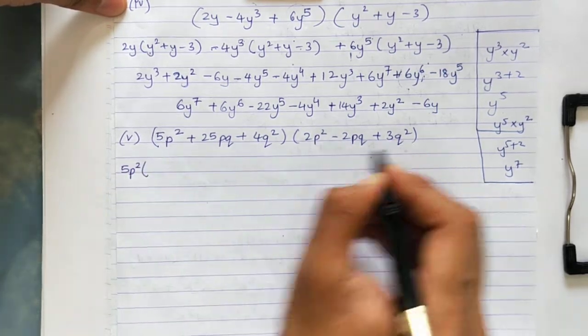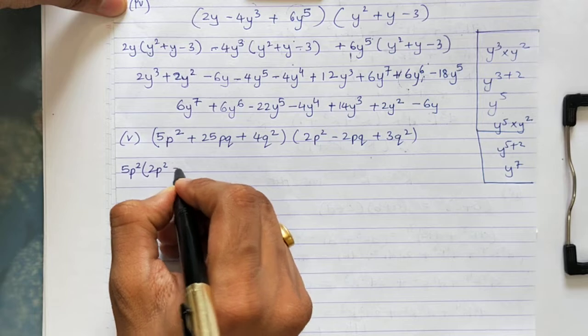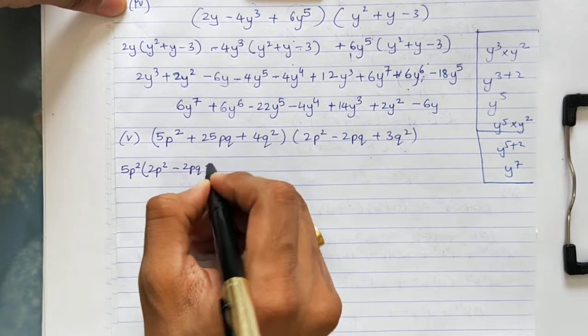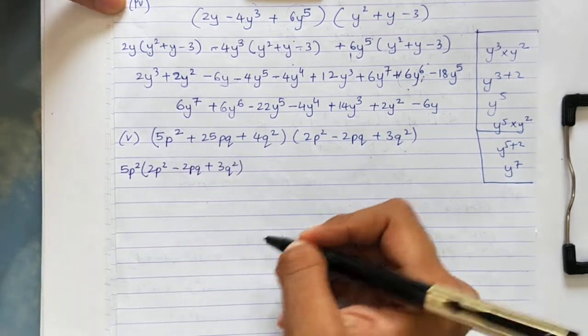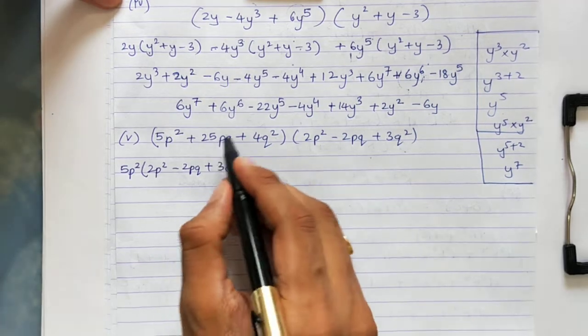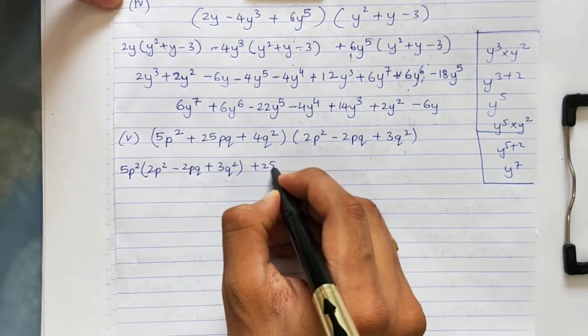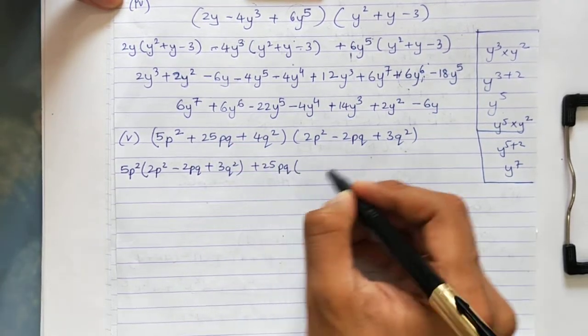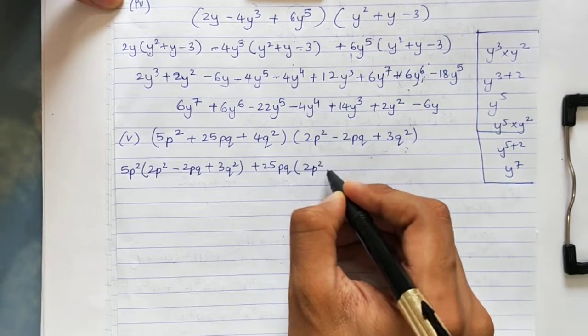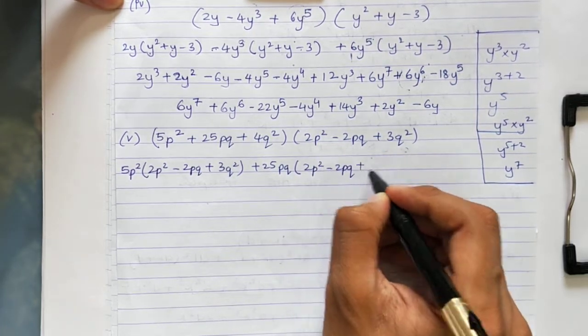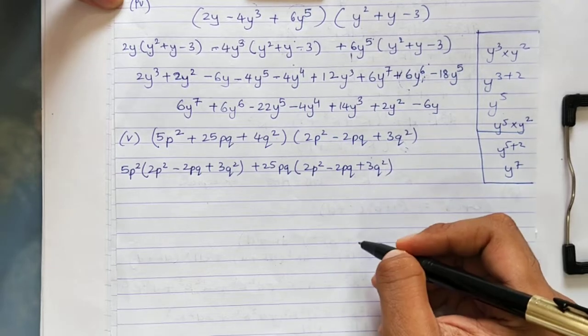5p square into this full bracket, 2p square minus 2pq plus 3q square. Then 25pq will get multiplied with 2p square minus 2pq plus 3q square.